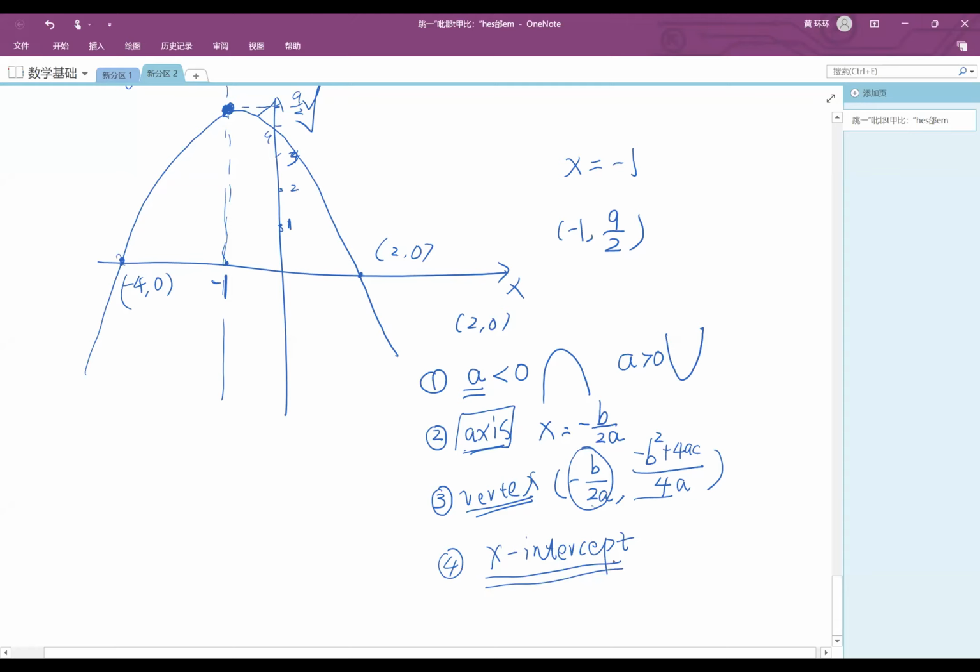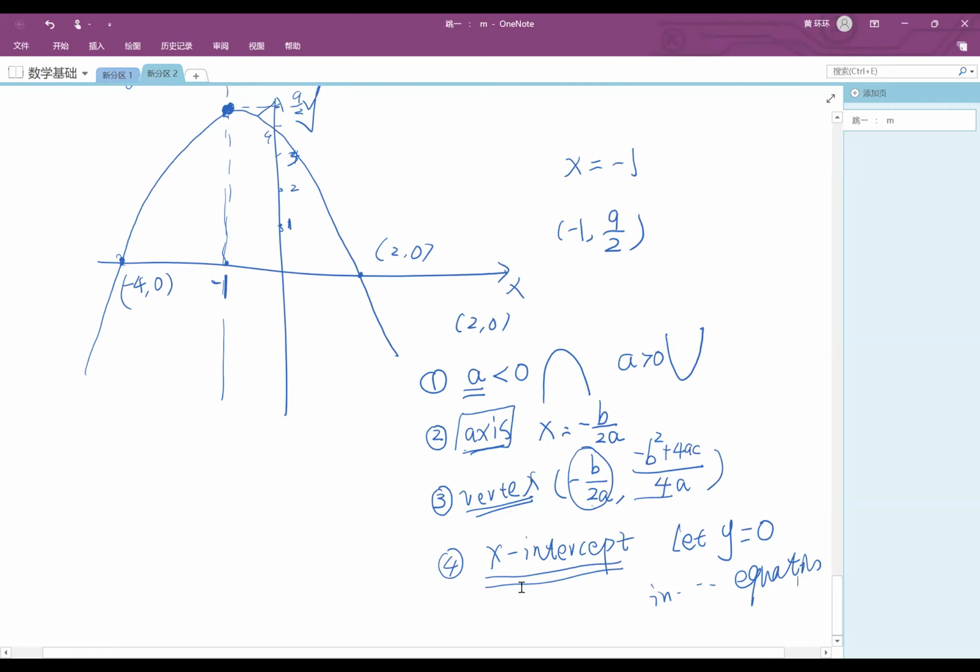To compute the x-intercept for this parabola, we let y be equal to 0 in the parabola's equation, and we can get the x-intercept for this parabola, right? Got it?